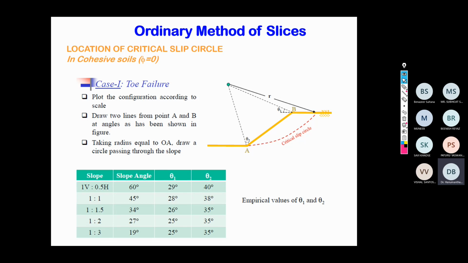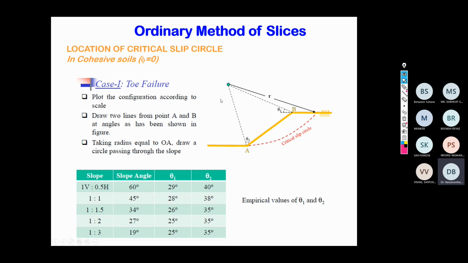Once the center is known, taking O as the center and OA as the radius, I can draw the possible slip circle.